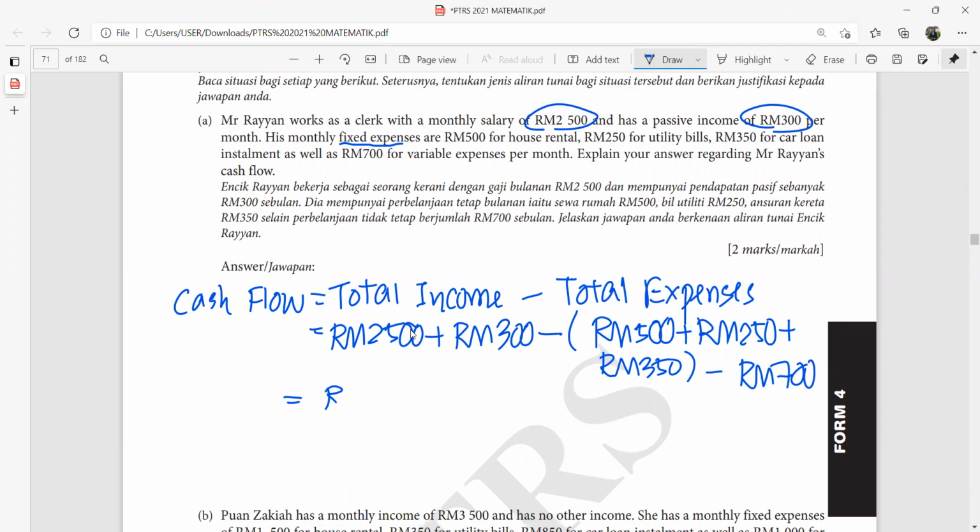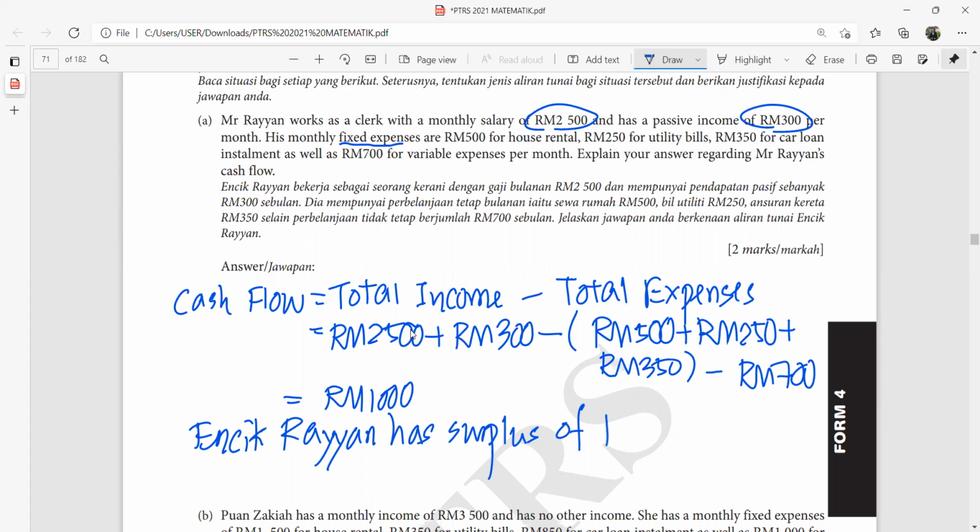So what is your answer? 1,000. So lebihan, surplus. You have to explain with the wordings. You have to know how to write. Has a surplus of 1,000 ringgit.